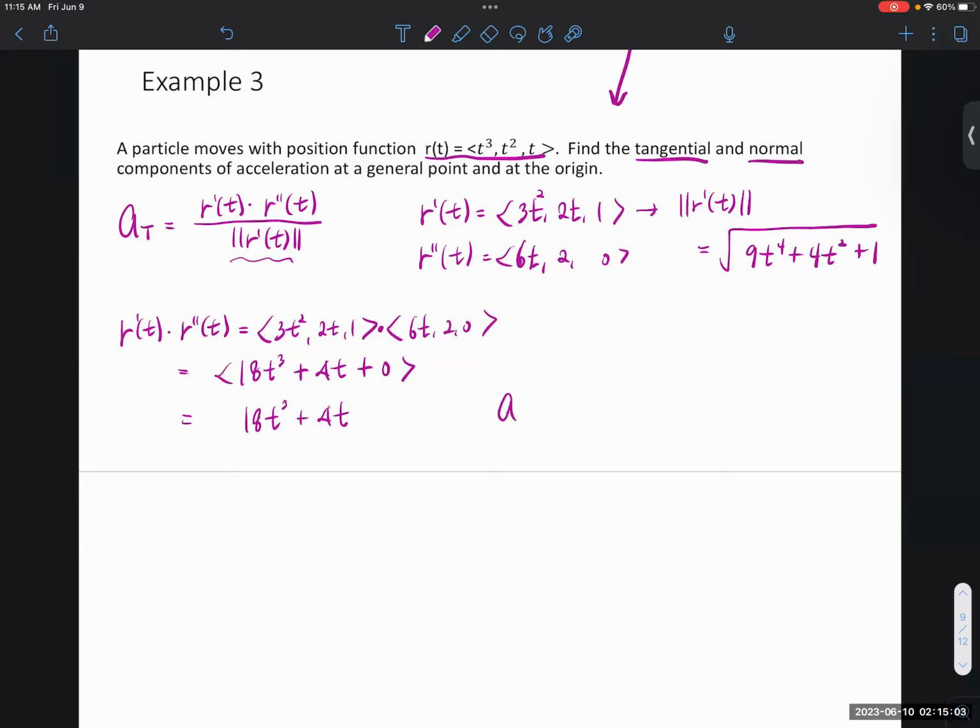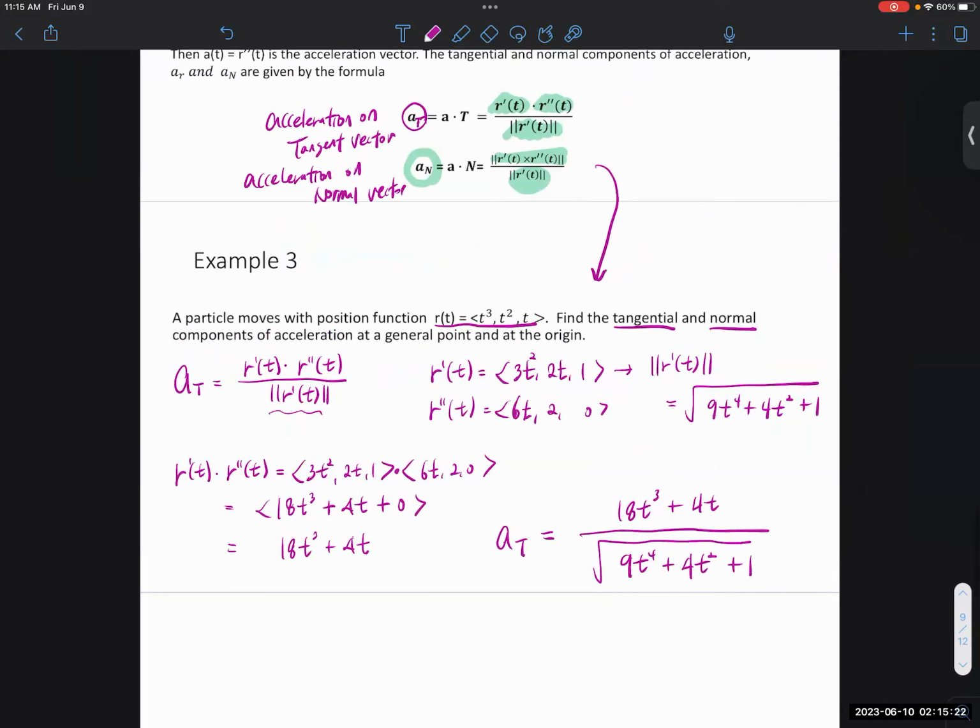Therefore, AT, the acceleration on the tangent line, will be 18t cubed plus 4t over the square root of 9t to the 4 plus 4t squared plus 1. That's the answer.